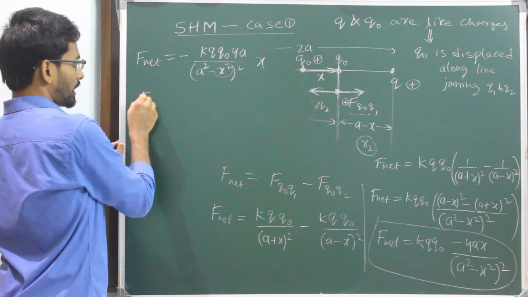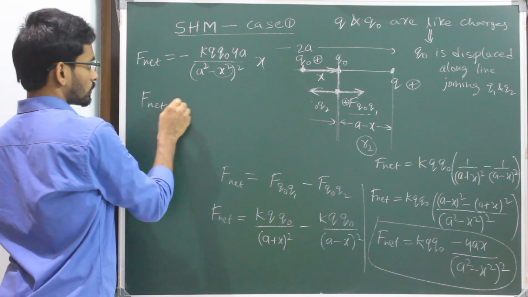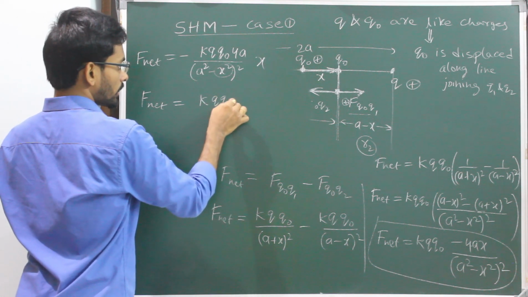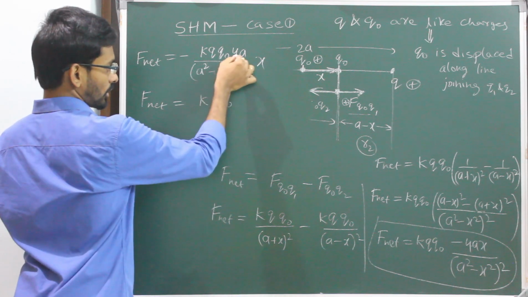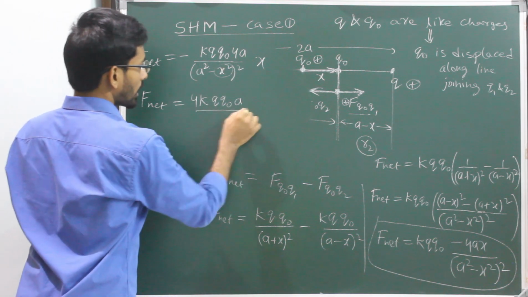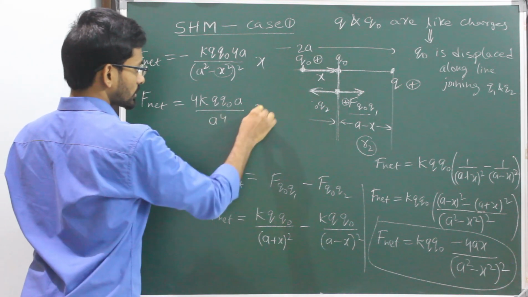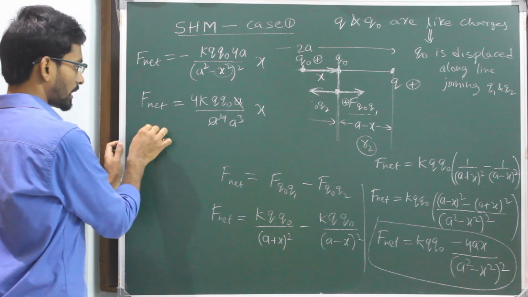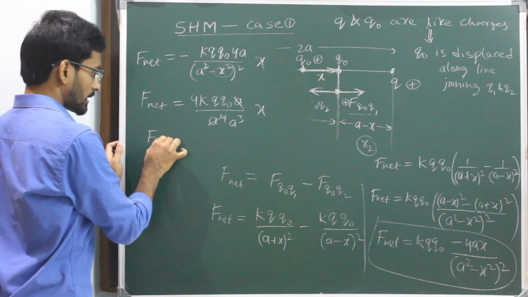So now F net will be equal to K into Q into Q naught into 4A by A power 4 into X, so A cube.